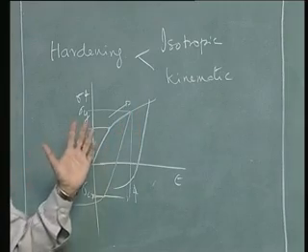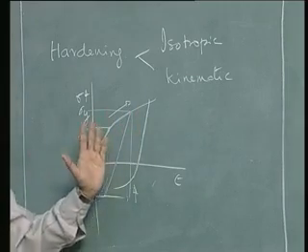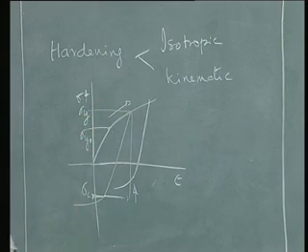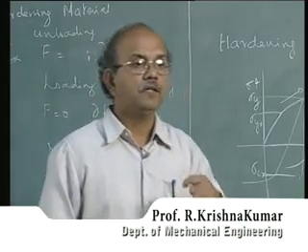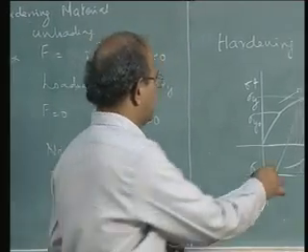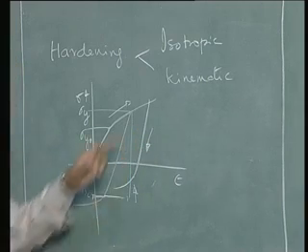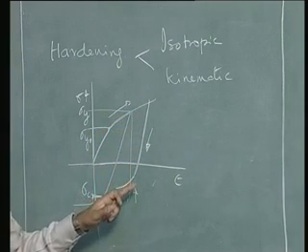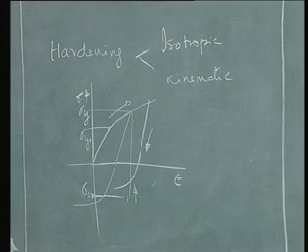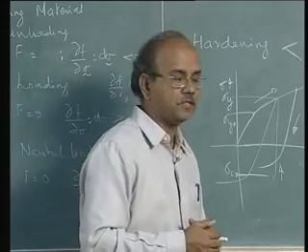There are two types of hardening, strain hardening and work hardening. We will not worry about that right now, but as we move up, this is what happens. Now, what happens when I reverse the load? When I reverse the load, that means I am coming like this. I first elastically unload, and keep moving in an elastic fashion, recovering all my lattice distortions.